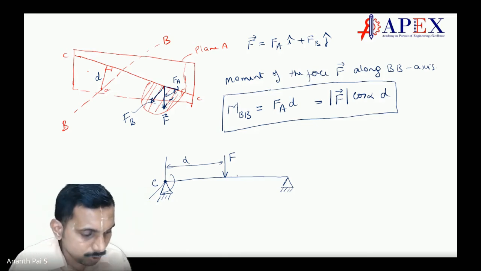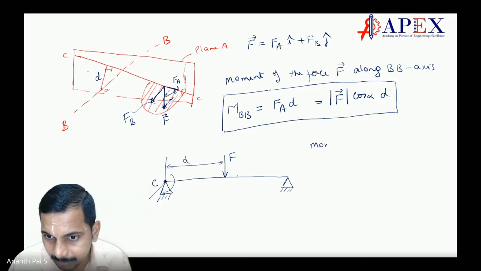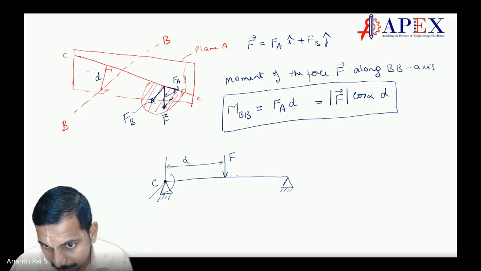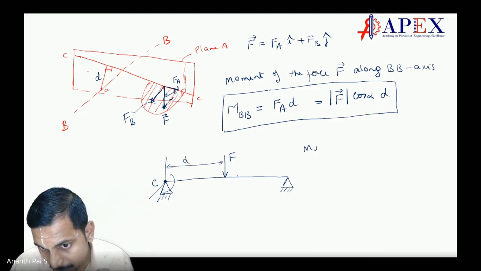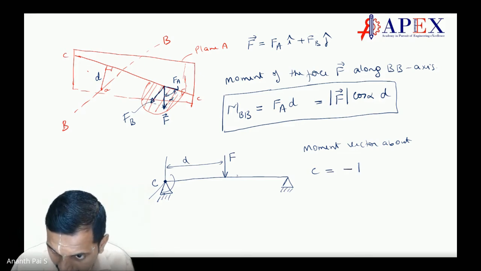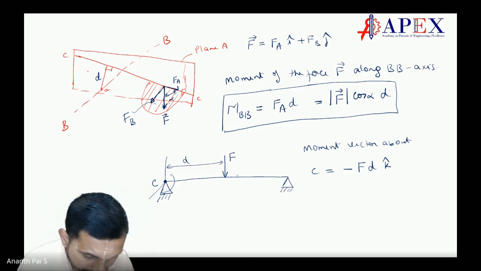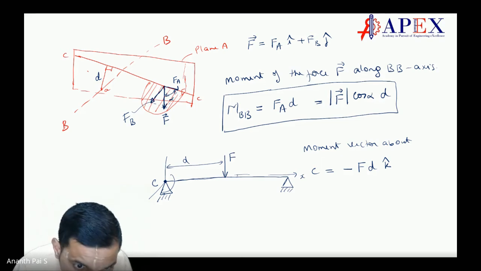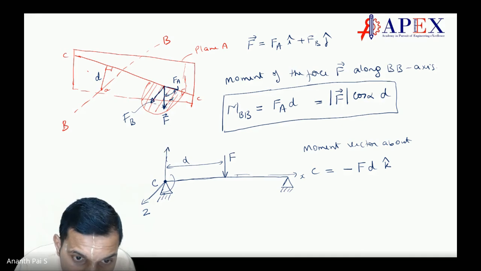So moment vector about C can be written as minus F into D into K, if this direction is X, this direction is Z, this direction is Y.